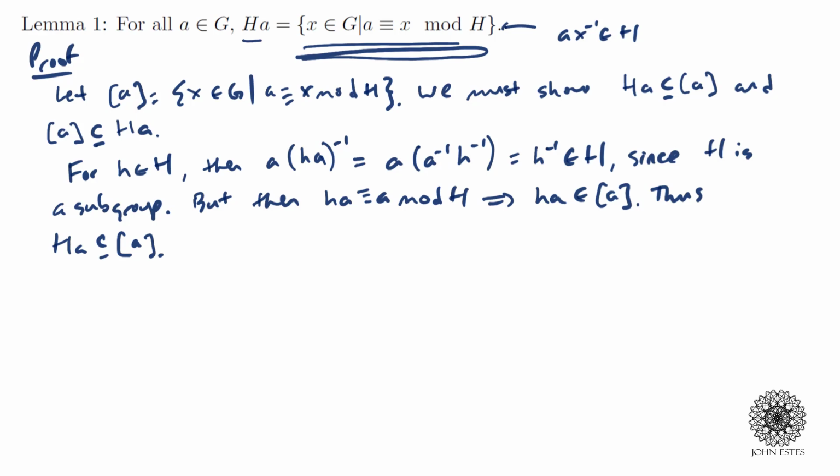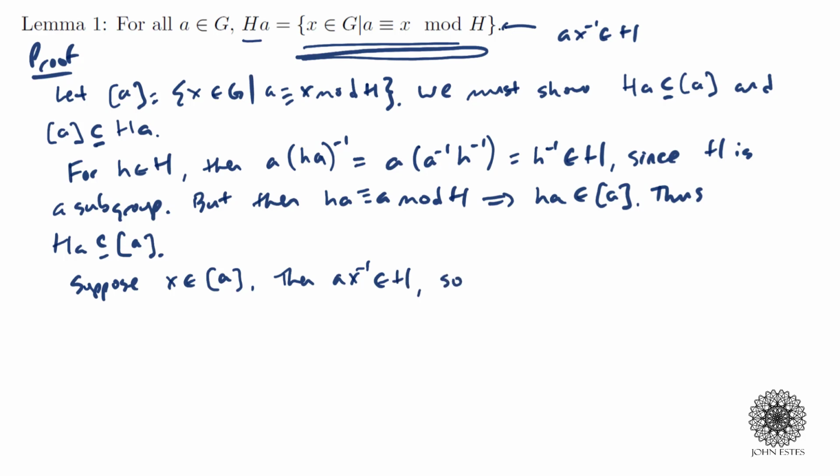Okay, now what we need to do is pick something in the equivalence class and show that it's part of the coset. So let's just pick an X in the equivalence class. That means that A times X inverse is an element of H, right? That's the definition of modulus.